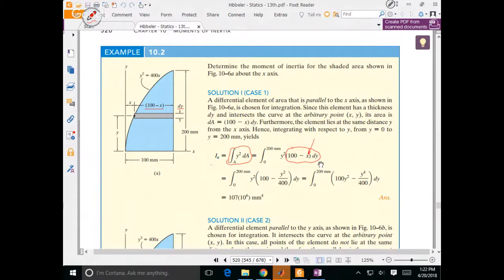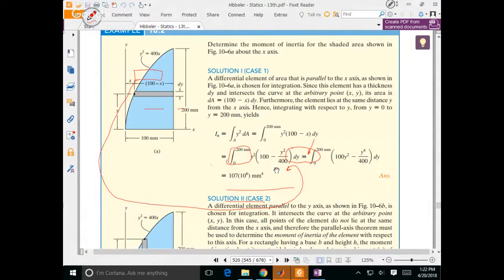He can't use that. He has to use this in order to embed that and replace that back down in here. Once he does that, he can carry out this integration. He gets a number.